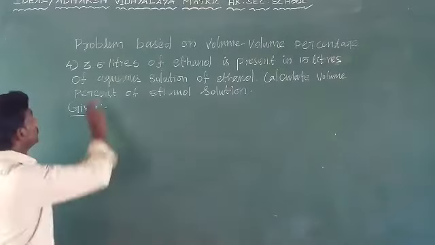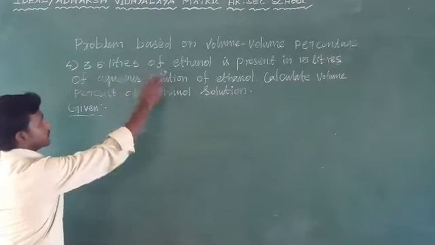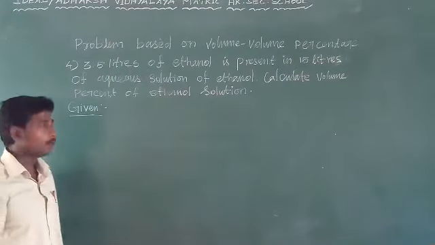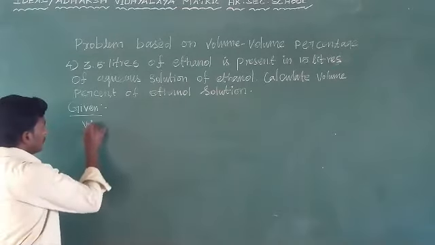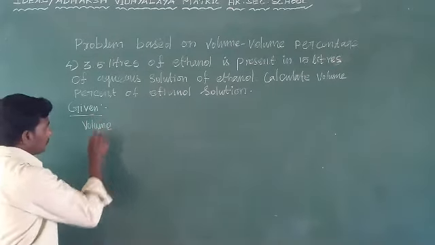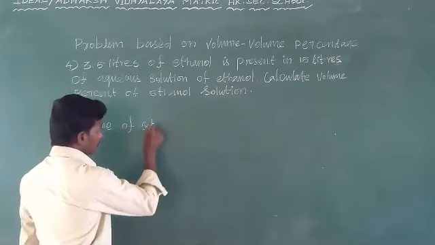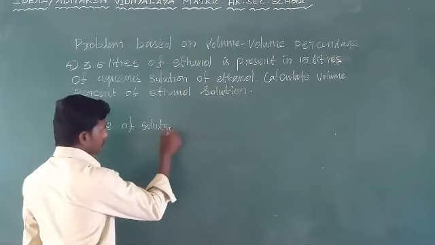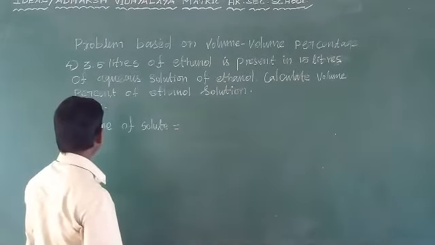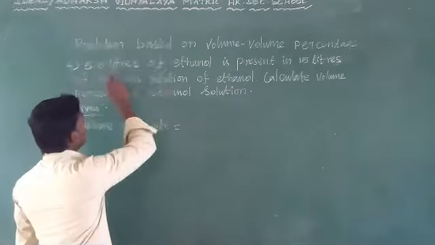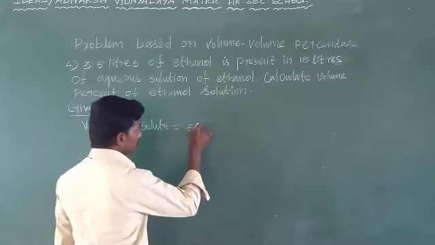Given: 3.5 liters of ethanol, that is the volume of solute. So volume of solute equal to 3.5 liters of ethanol.